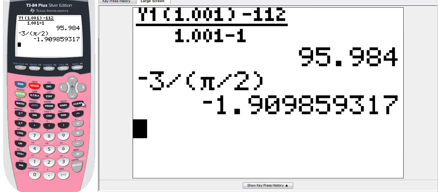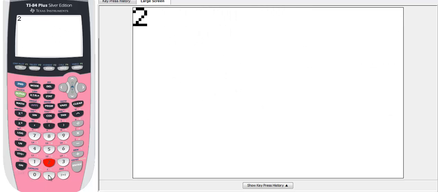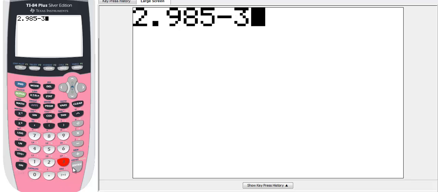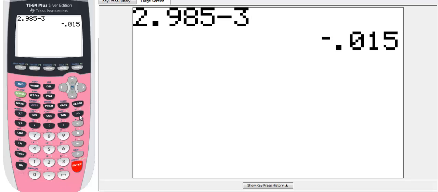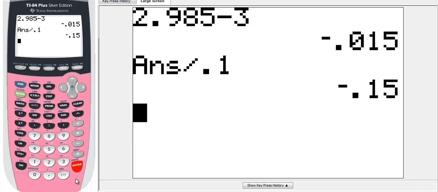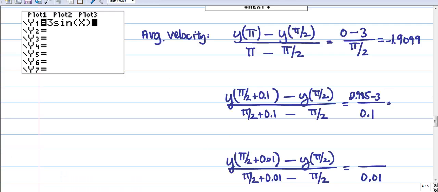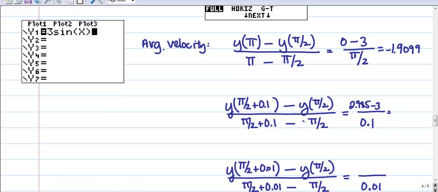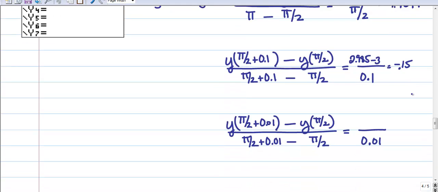Come back over here. 2.985 minus 3. And then I'm going to divide it by 0.1, which is going to move that decimal over. So negative 0.15. All right, now I would just continue this process.